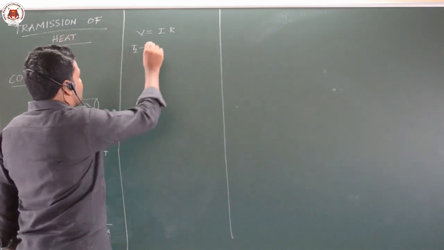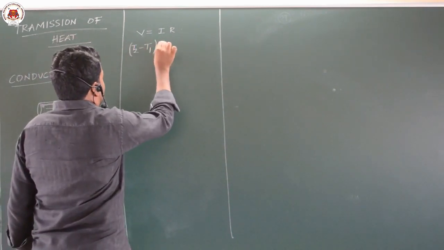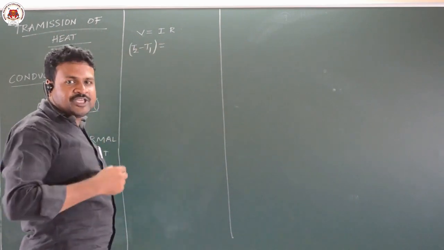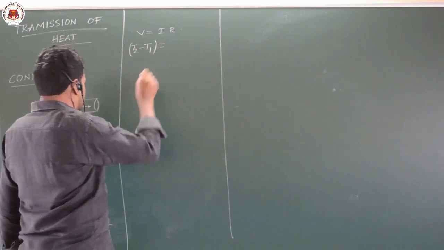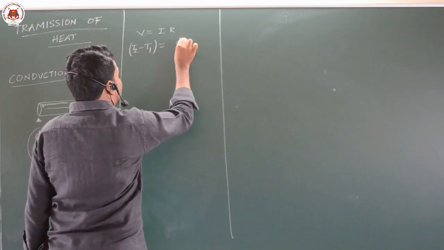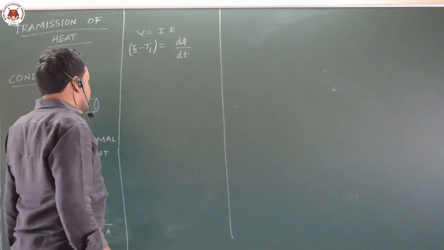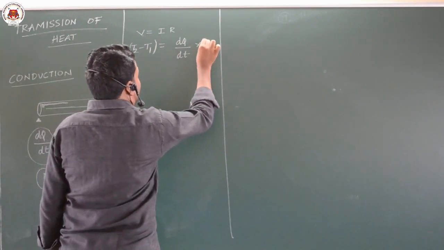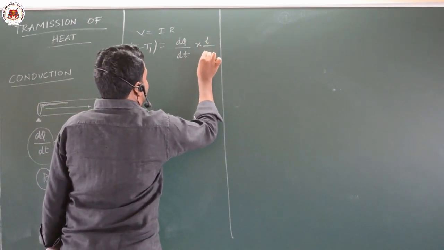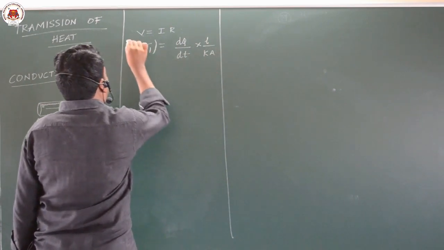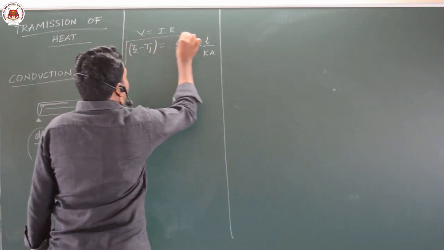T2 minus T1 is the temperature difference, which is equal to thermal current dQ by dt into L by KA. If you remember this formula, you can solve any kind of question in transmission of heat.